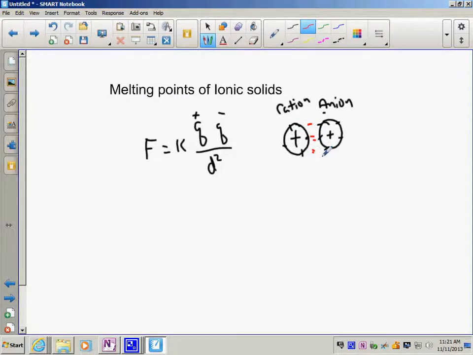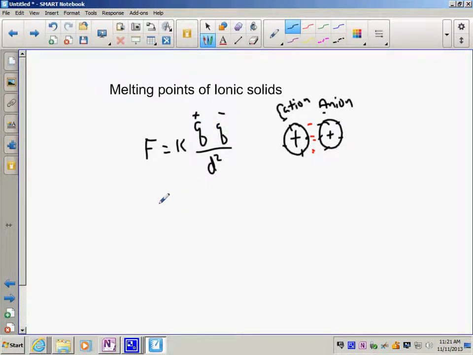The strength of this attraction has to do with the quantity or the magnitude of the positive charge and the negative charge. That is this value and this value here. Obviously, the more charge you have of either or, the more they're going to attract.